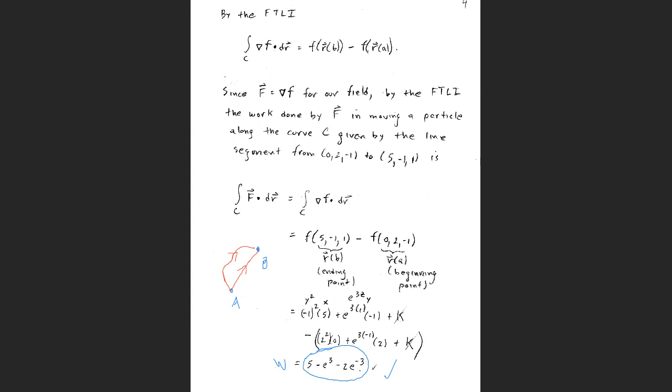Okay, so based on this answer, 5 minus e cubed minus 2 times e to the negative third, is the work positive or negative? Does the work that this vector field does in moving the particle from the initial point to the terminal point come out positive? I agree with Ian. It looks negative.